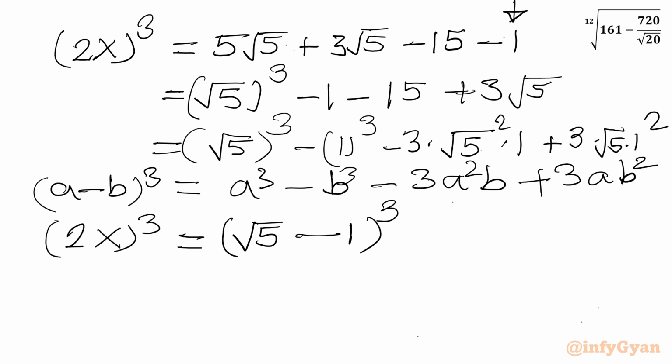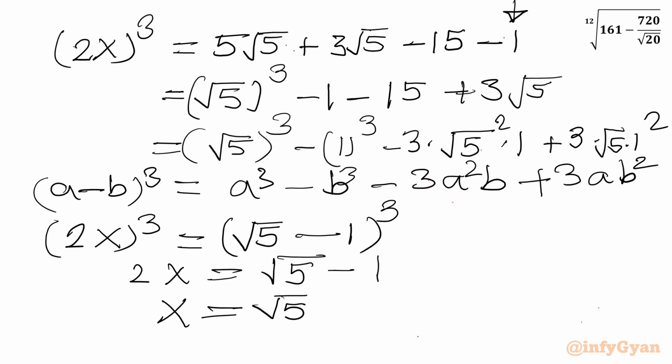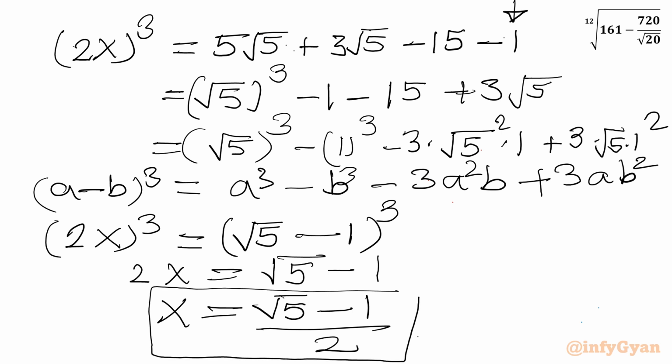Consider cube root both sides. So 2x will be equal to square root 5 minus 1. And let's divide both sides by 2 to get the answer. X will be equal to root 5 minus 1 over 2. This will be our final answer.